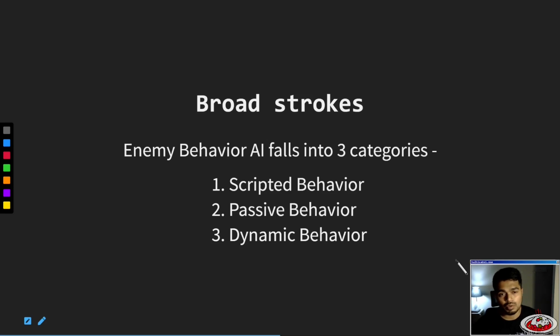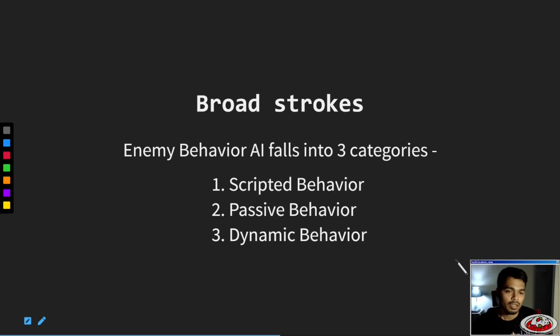Scripted behavior is what happens when you've got a predefined event or right after a cutscene that you want your game to move toward, right? So if you've got your player entering a forest, and right as the player crosses the threshold into the forest, you want enemies to spawn on the treetops and drop down and attack the player.